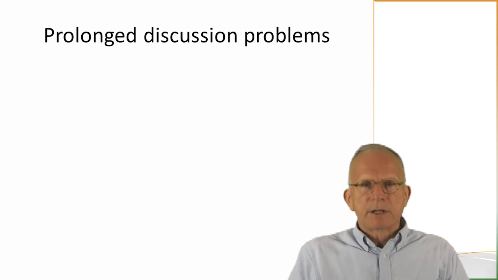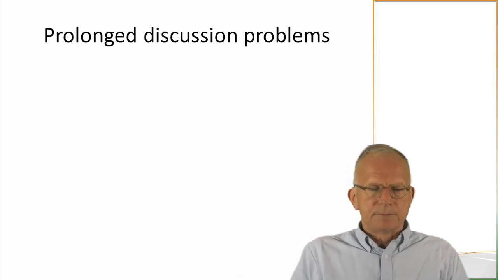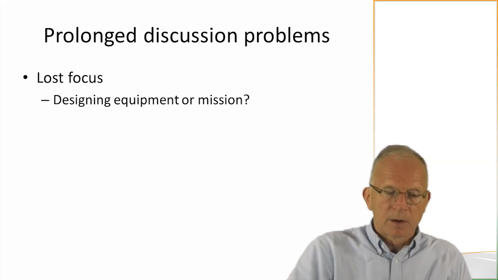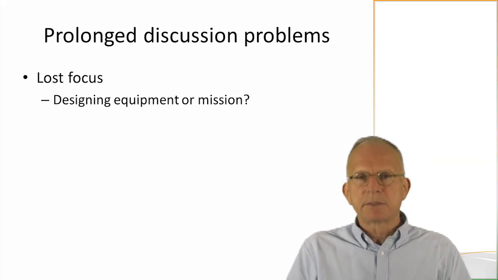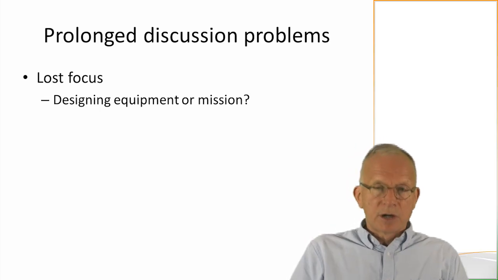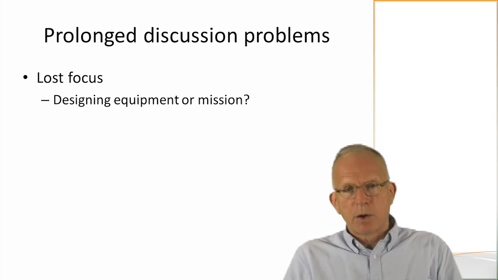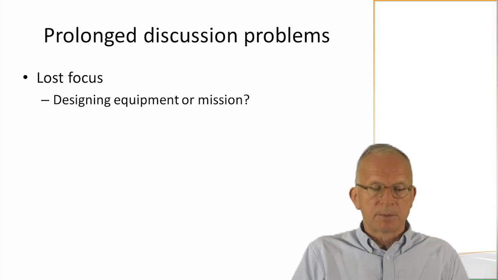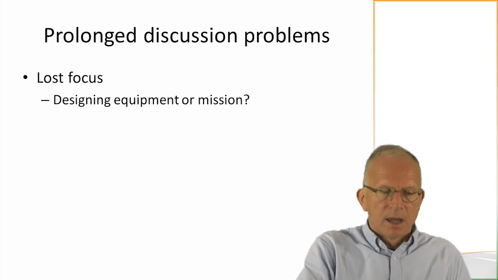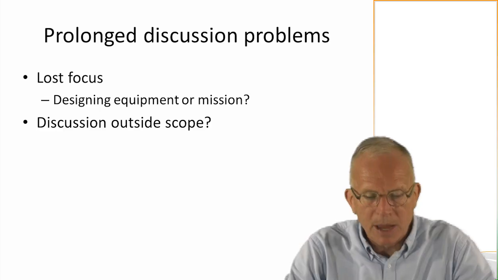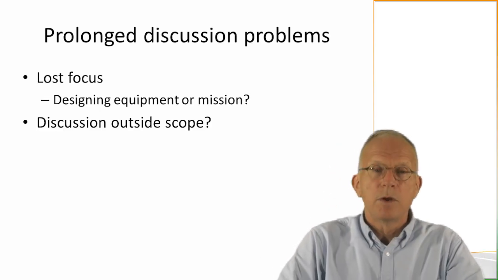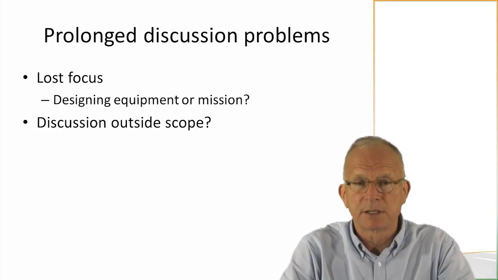Sometimes we have prolonged discussions in a design review, and these can be a problem if we're not making progress. Sometimes it's because we've lost focus or started confusing designing the equipment with designing the mission, for example, and so we need to bring back the focus. Sometimes we've ventured outside of the scope of the design.